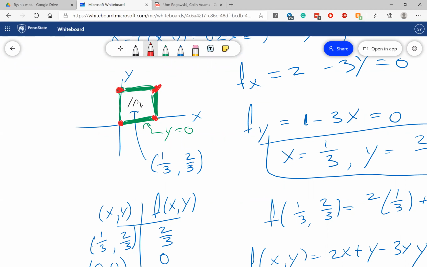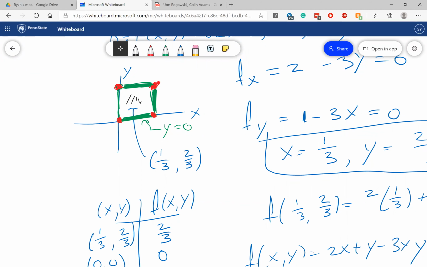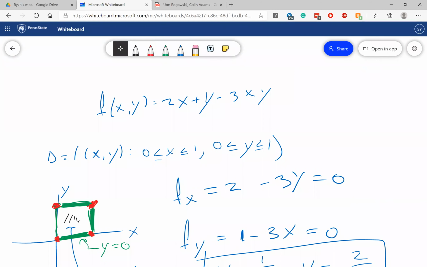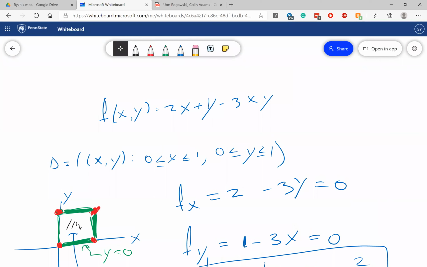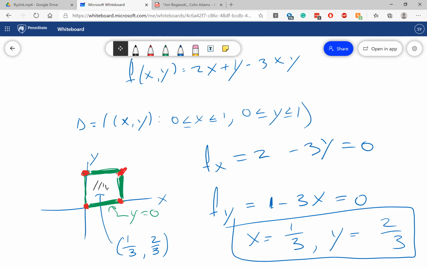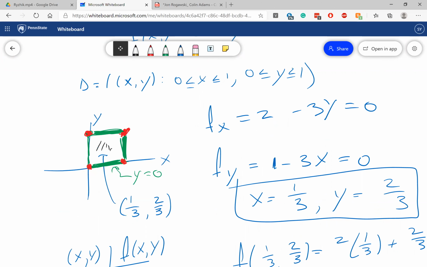This is the point where x is equal to 0 and y is equal to 1. So if y is equal to 1, then we will get 1. The point is 0, 1.